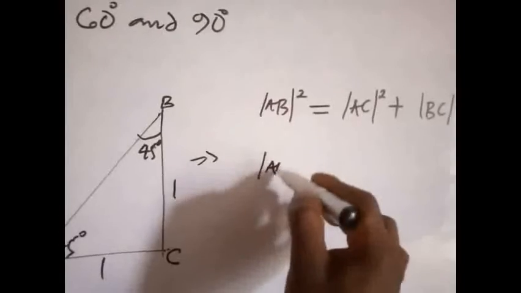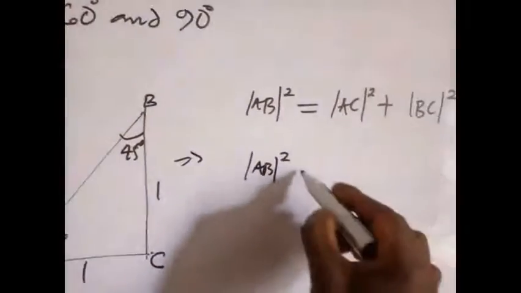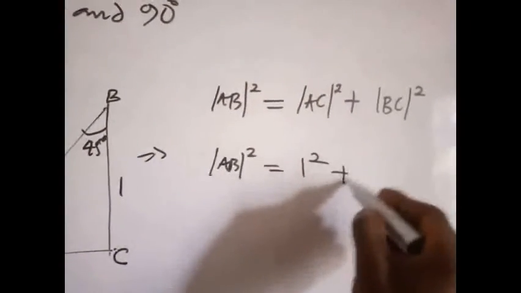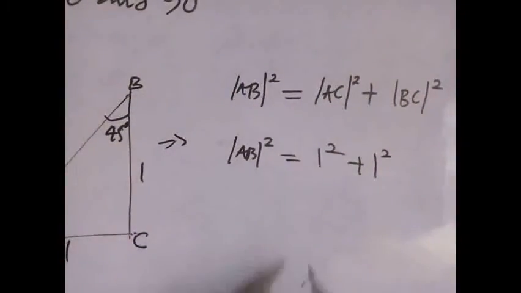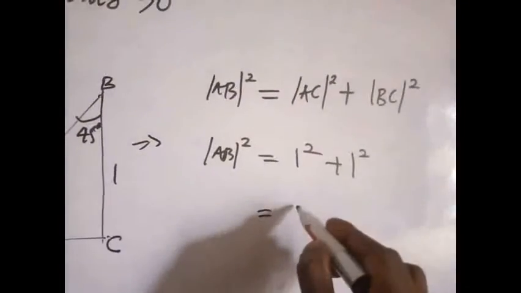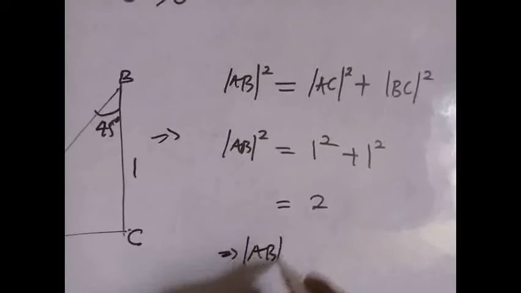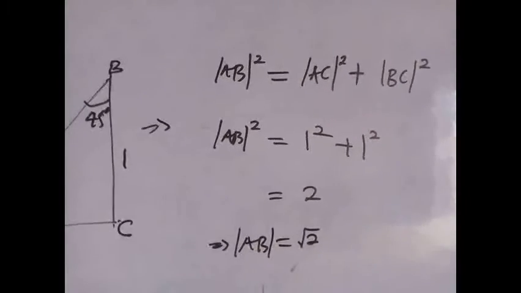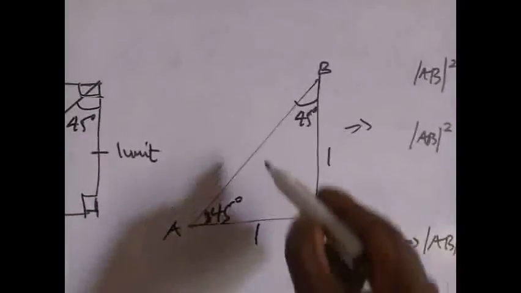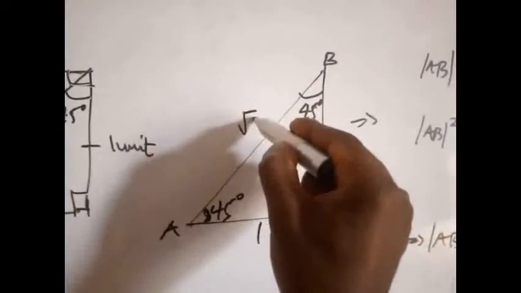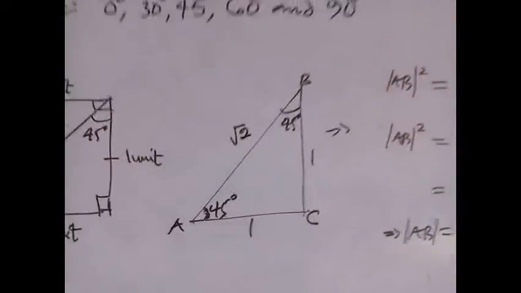We have AB raised to power 2 equals 1 raised to power 2 plus 1 raised to power 2. This is going to give us 2. So therefore, AB is going to give us root 2. Then we come back to our diagram. AB, which is the hypotenuse, is root 2.